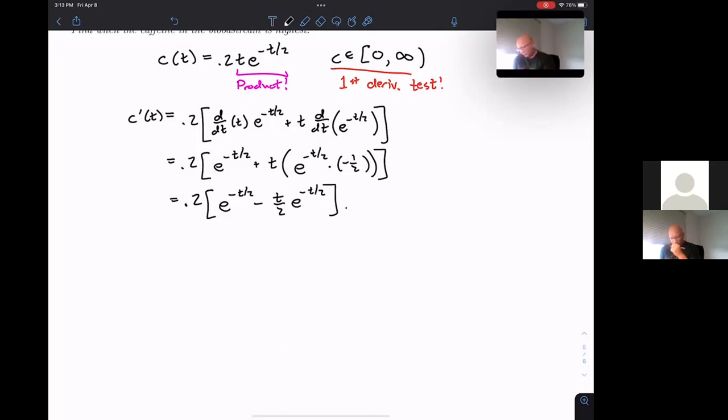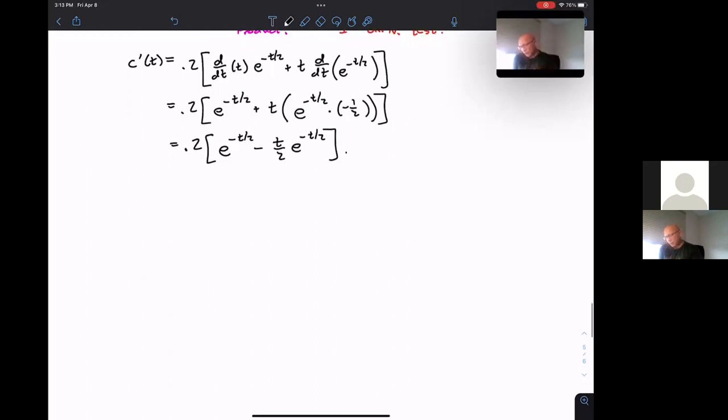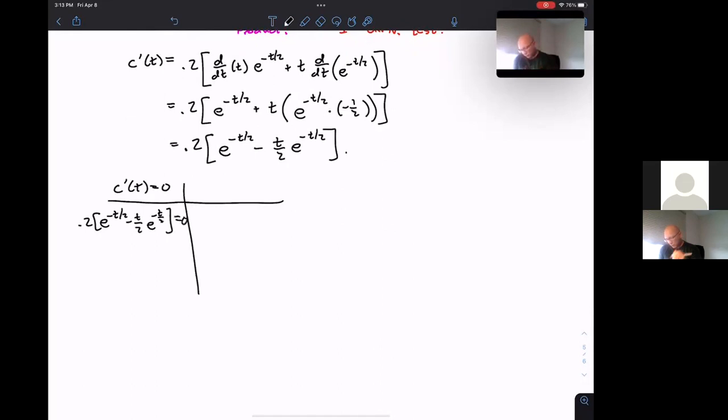Okay. So I have to be careful, right? Taking my derivative rules. But now that I have this, I can find my critical numbers, first checking where the derivative equals 0. So if I set this expression equal to 0, oddly enough, I see that the 0.2 doesn't matter.